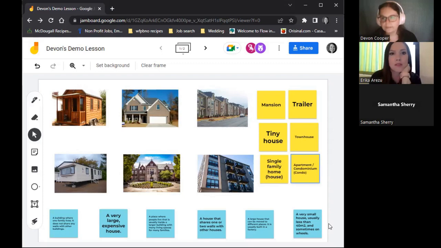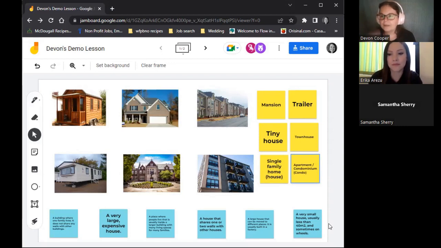What does it mean? Yeah, so a single family home means a home where just one family lives, which sounds a bit silly because most homes only have one family living in them. But when you match the pictures together, we'll talk about why it's called that, right? So we can talk about that after you match.